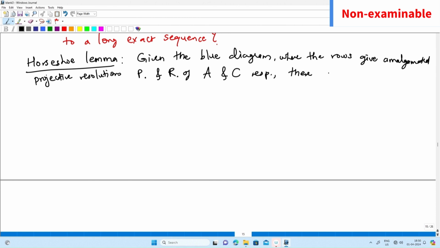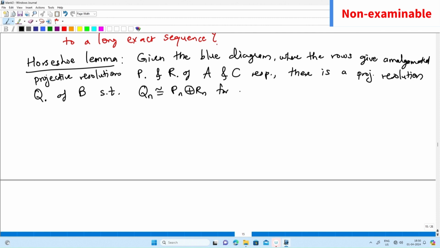There is a projective resolution Q dot of B such that Qn is isomorphic to Pn direct sum Rn for each n, but not necessarily P dot direct sum R dot is isomorphic to Q dot.